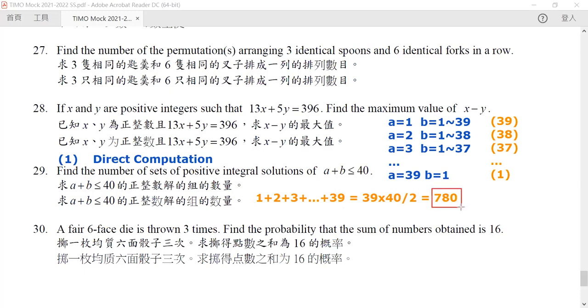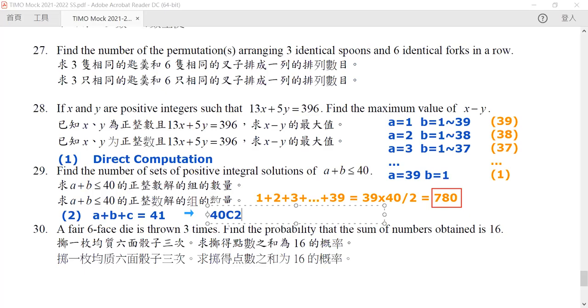Now, this is not the only way that you can compute this answer. The other way of doing this is by introducing another integer. We say that A plus B plus C is a positive integer such that it is equal to 41. In that case, you can use combinations to understand that this answer must be equal to 40C2, because you are trying to divide 41 into 3 different positive integers.